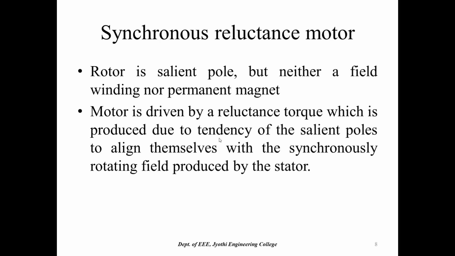Since the field winding is absent and also the permanent magnet is absent, there will not be excitation torque. Then how come the motor is driven? The motor is driven by a reluctance torque which is produced due to the tendency of salient poles to align themselves with the synchronously rotating field produced by the stator. So this is the peculiarity of synchronous reluctance motor.